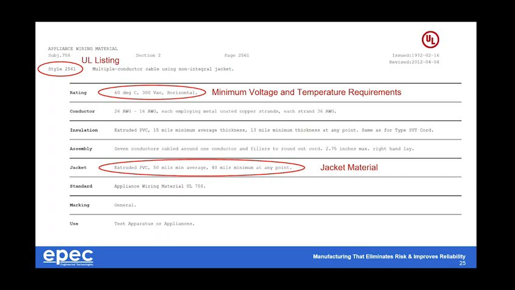If that's the case, we strongly suggest to test, plan for samples, and plan for an opportunity to make certain that that particular UL wire will survive in the end application you're going to use it.